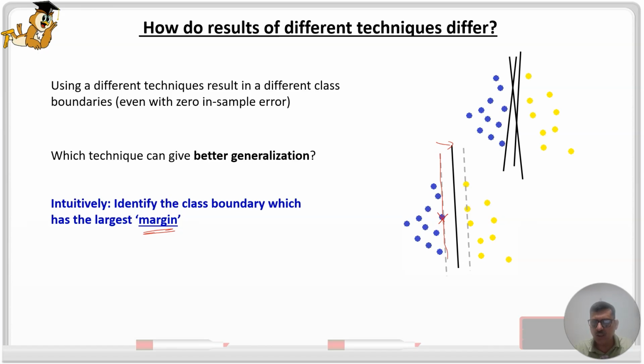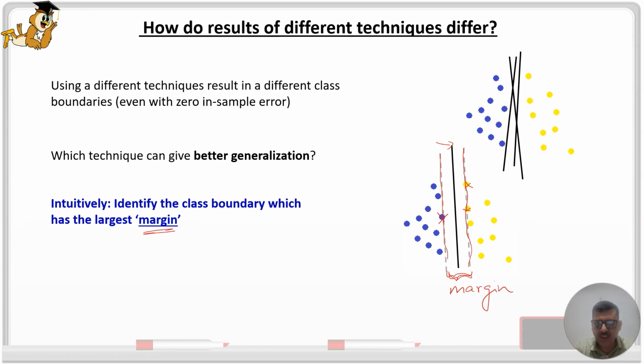And similarly, on the yellow side, let's say there are these 2 points which are the closest to this class boundary, and therefore you draw a parallel hyperplane through those 2 points. I define margin as the distance between these 2 hyperplanes. So this is the margin.